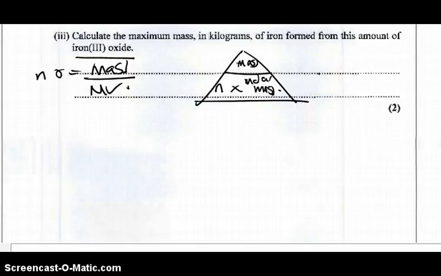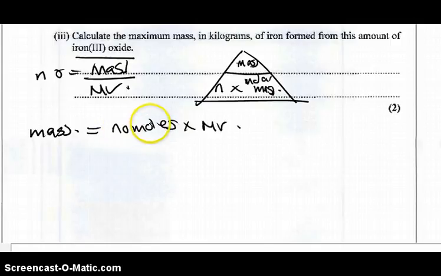So let's rearrange the equation for what we want. We want mass. So mass equals number of moles multiplied by the Mr. Okay, so on the formula triangle, if you cover over mass, you can see that you just get the bottom section, which is N times molar mass. So now let's put the information in.